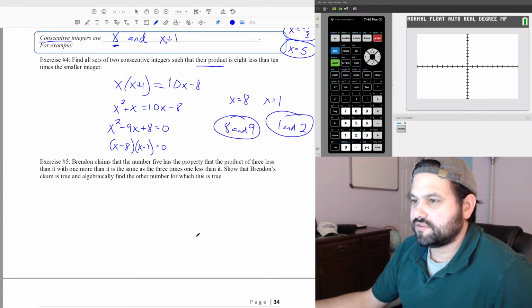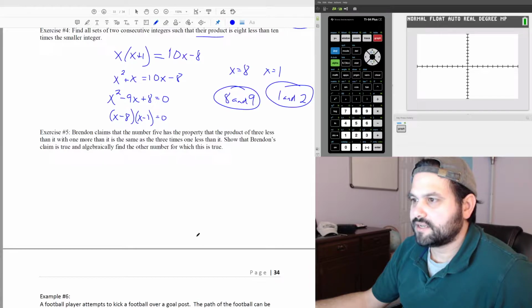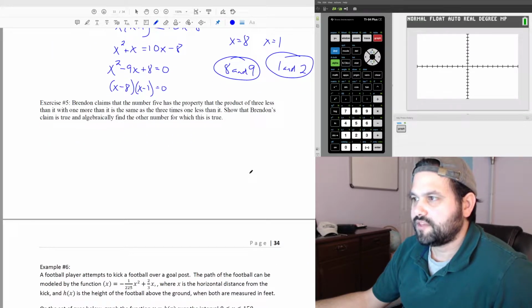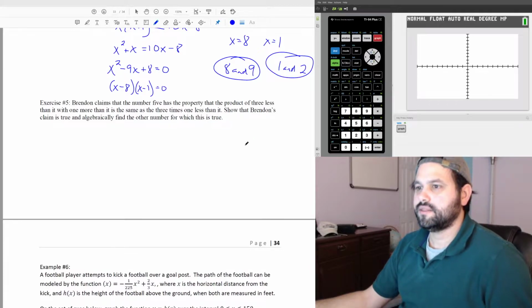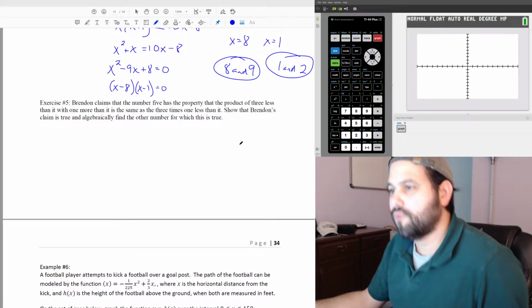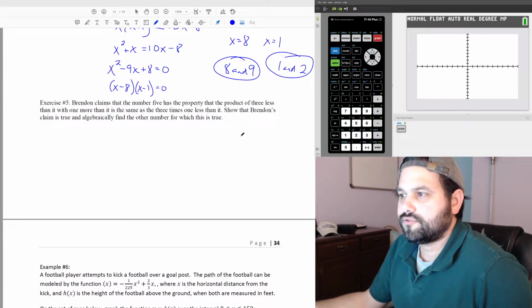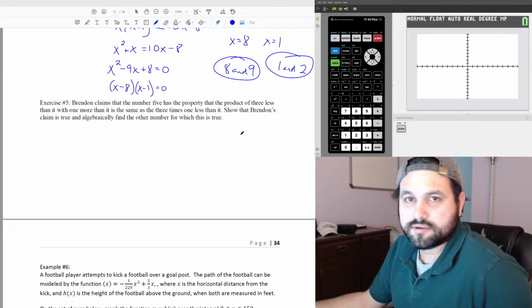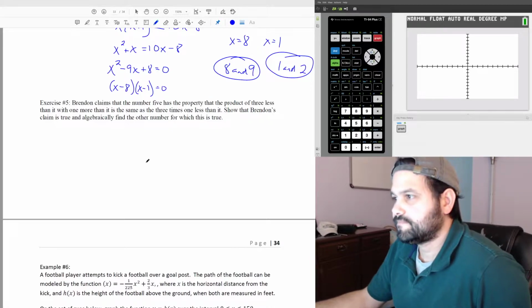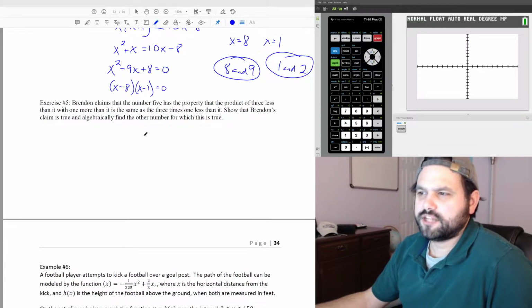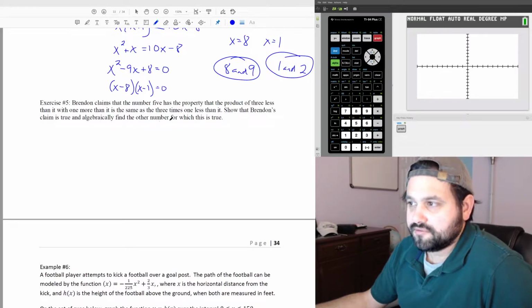Number 5. Brendan claims that the number 5 has the property that the product of 3 less than it with 1 more than it is the same as 3 times 1 less than it. Show that Brendan's claim is true, and then algebraically find the other number for which this is true.